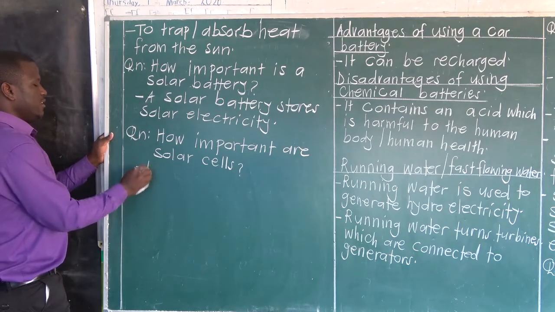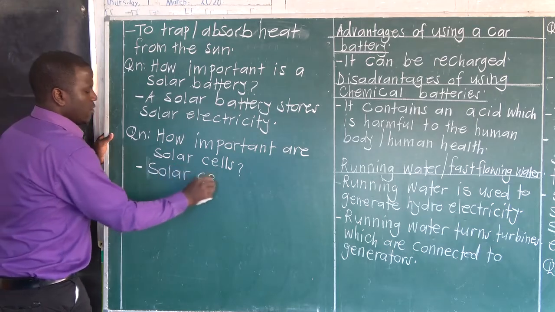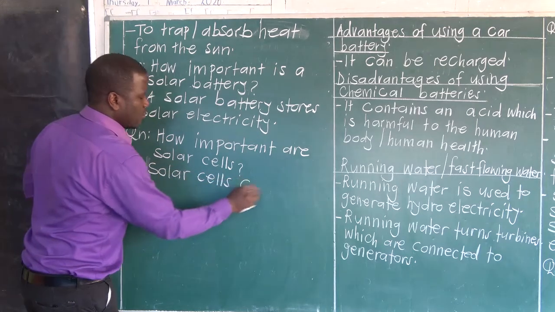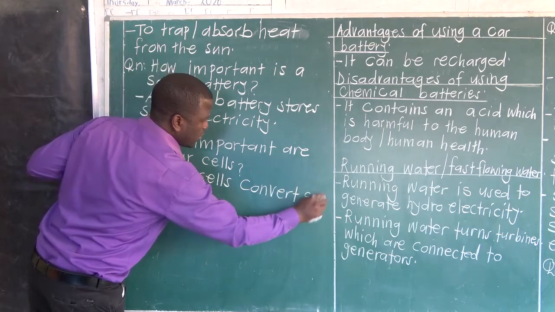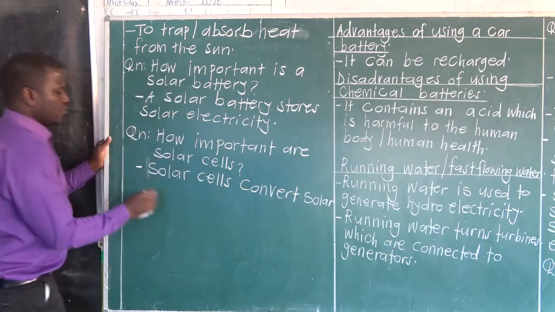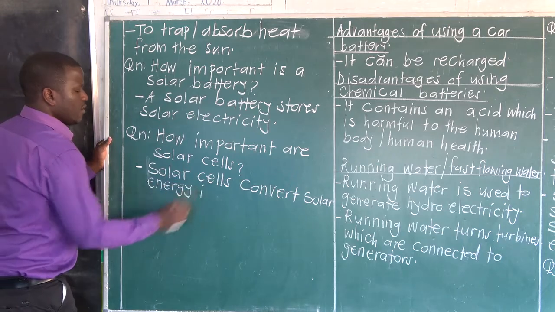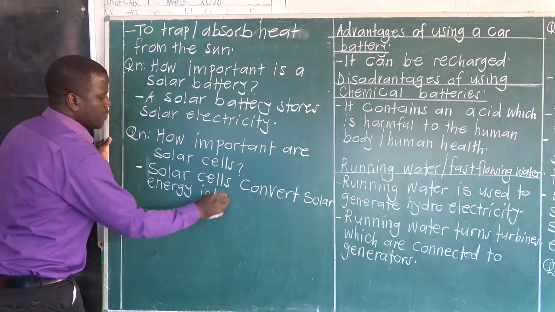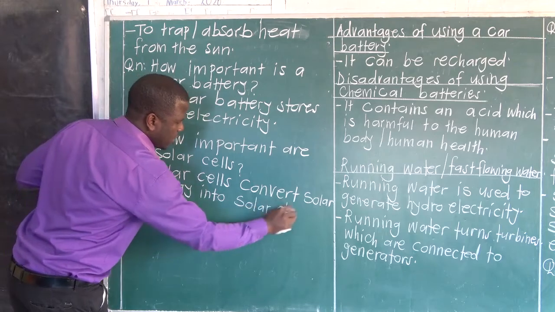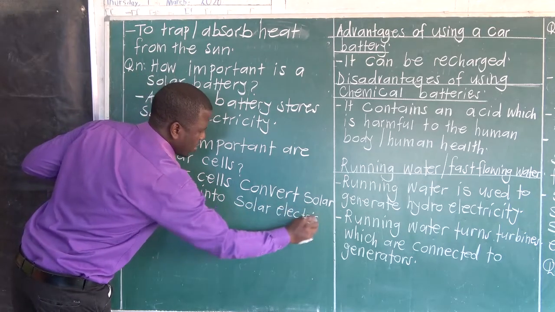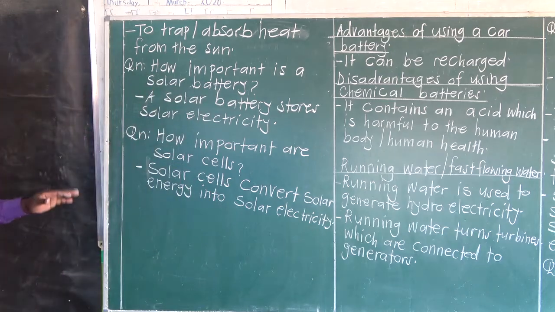So you can say solar cells convert solar energy into solar electricity. So it is as simple as that.